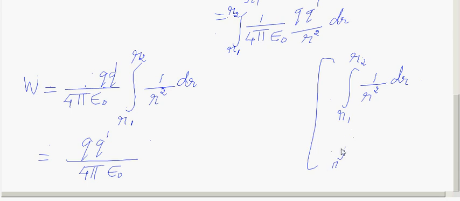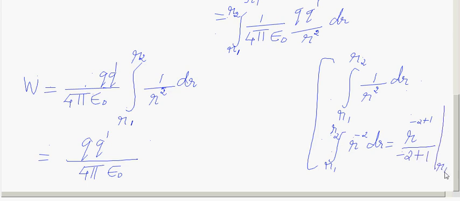You will get this as integration from R1 to R2 of r to the power minus 2 dr, which is nothing but r to the power minus 2 plus 1 divided by minus 2 plus 1, with limits from R1 to R2.